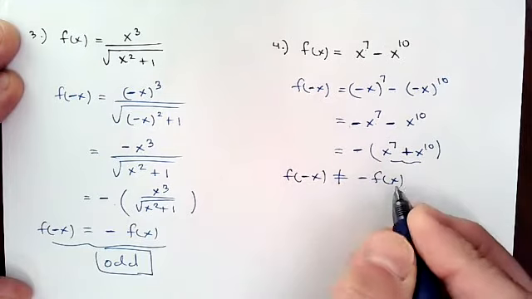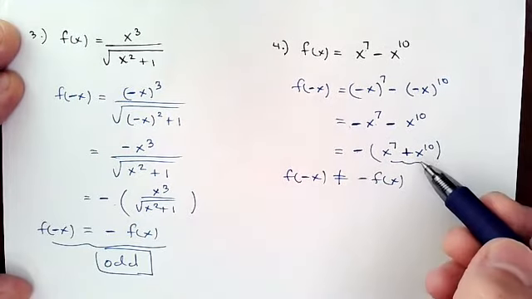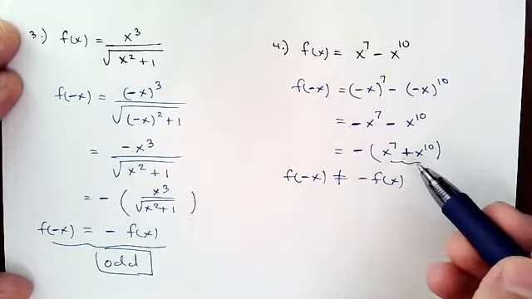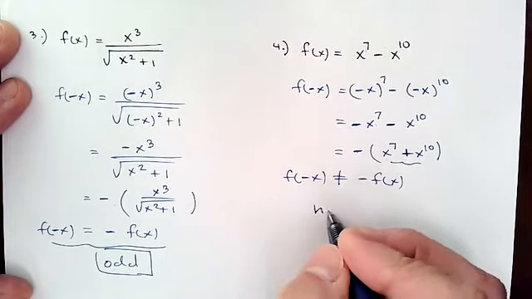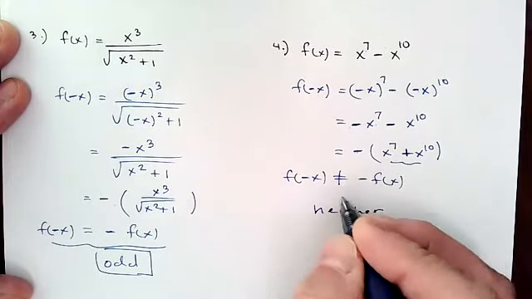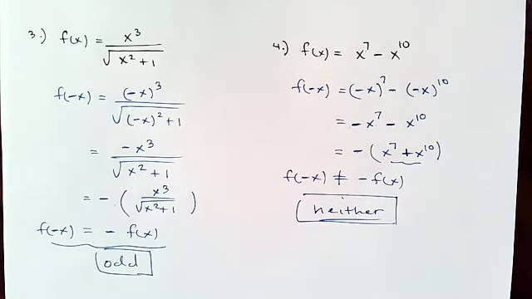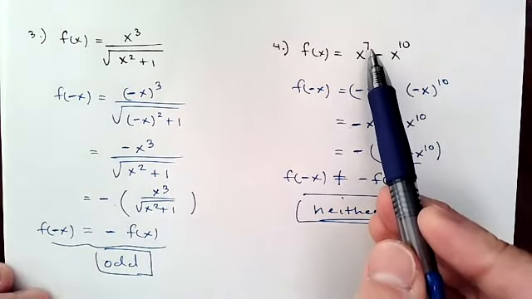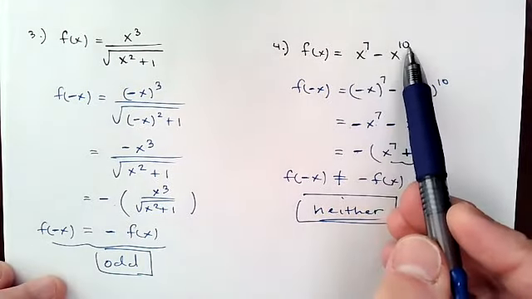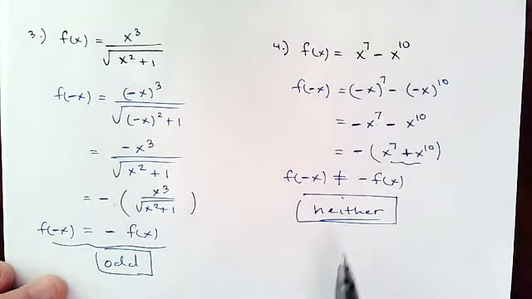And it's not the same as f of x. So this goes under the category, it's not even, it's not odd, so it must be neither. There is no symmetry, at least not around the y-axis or about the origin for this function. And maybe not surprisingly, I took an odd power and an even power, so it's maybe not surprising that this is neither.